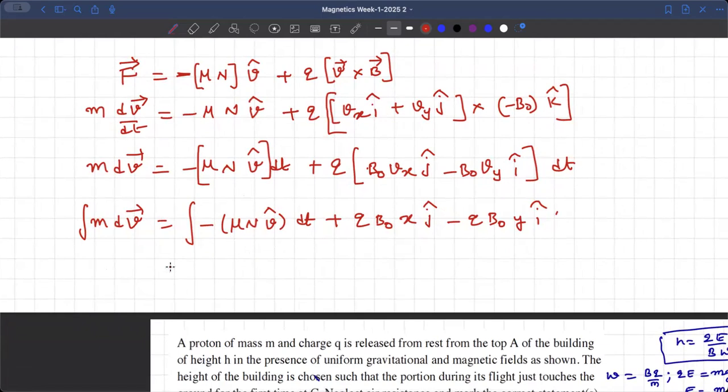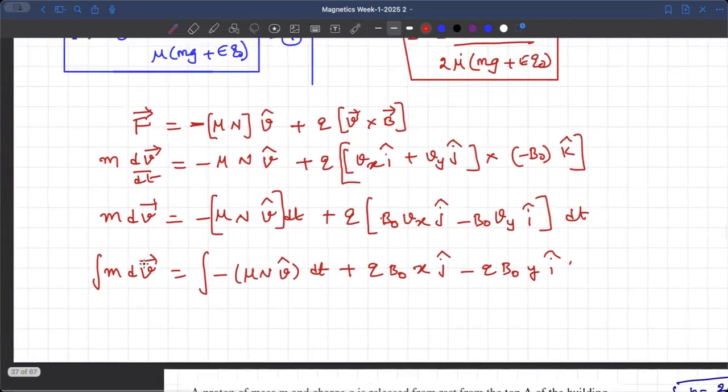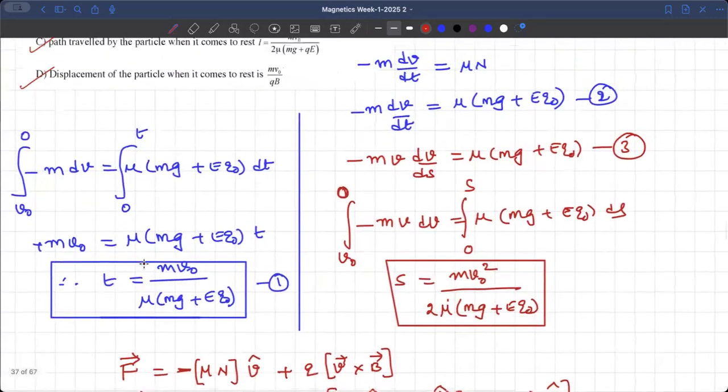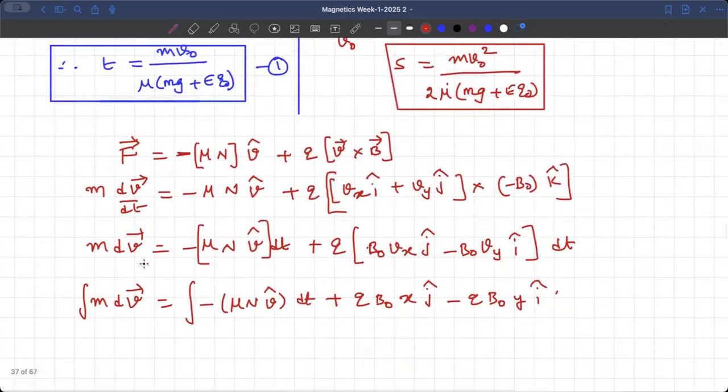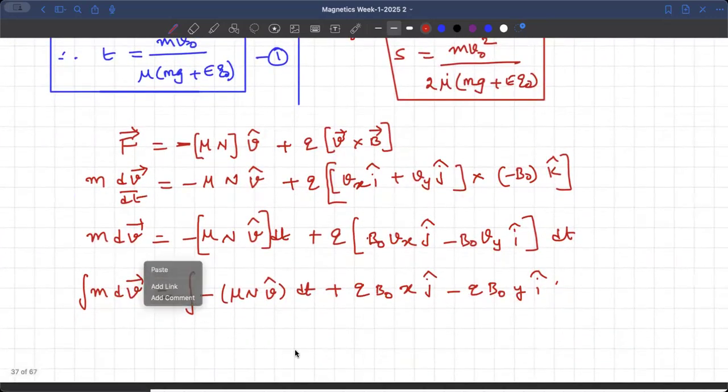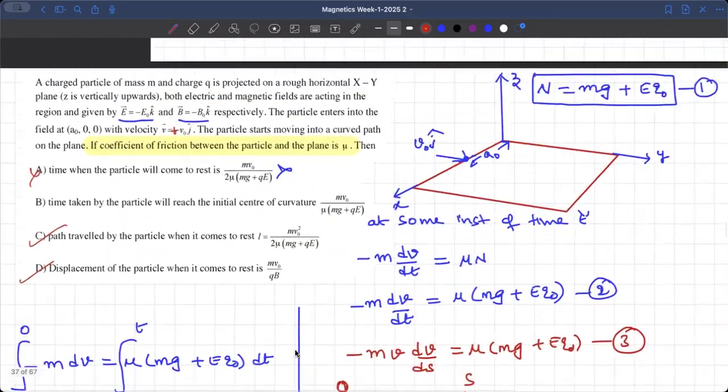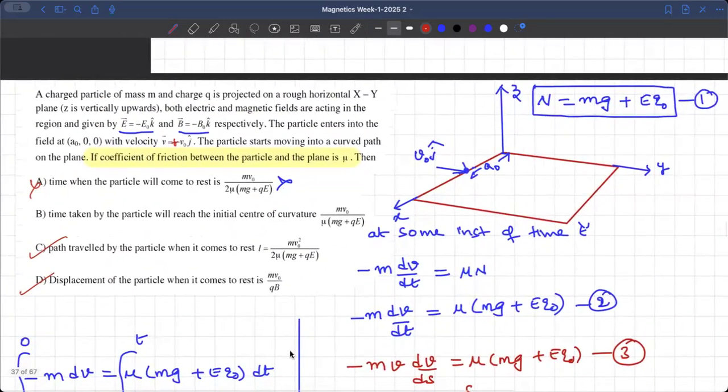By doing this integration properly, we will get X and Y values from this. Then the magnitude of X square plus Y square gives you D.